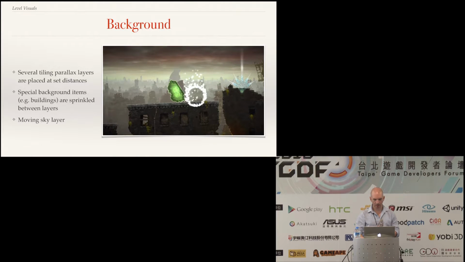And you can see that the different parallax layers are placed at different distances, and so they move at different speeds. The special background items like buildings are just sprinkled in between those layers to make it more interesting. And there's a slowly moving sky layer to also apply a little bit more motion.